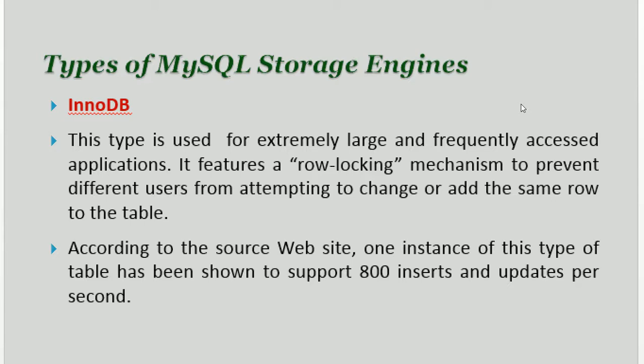Clear? Once I am done with the changes, then the rest of the users can see it or update it. This is called the row locking mechanism. If all 20 people are trying to update a row at the same time, there will be a lot of confusion and problems. Is it clear? So in InnoDB, by default, there is a row locking mechanism.